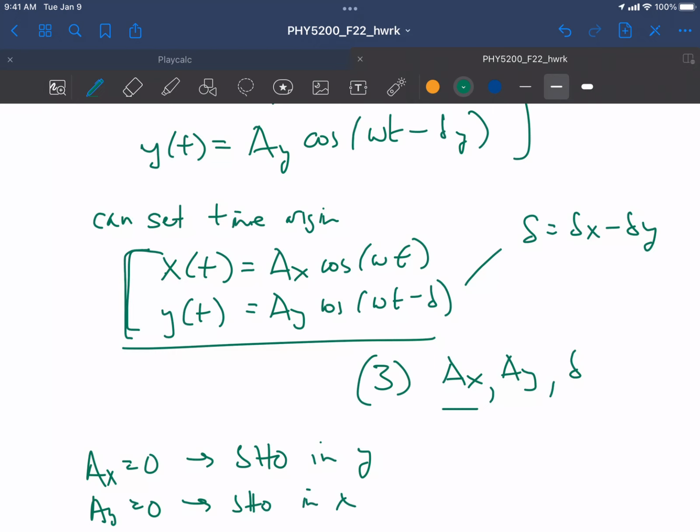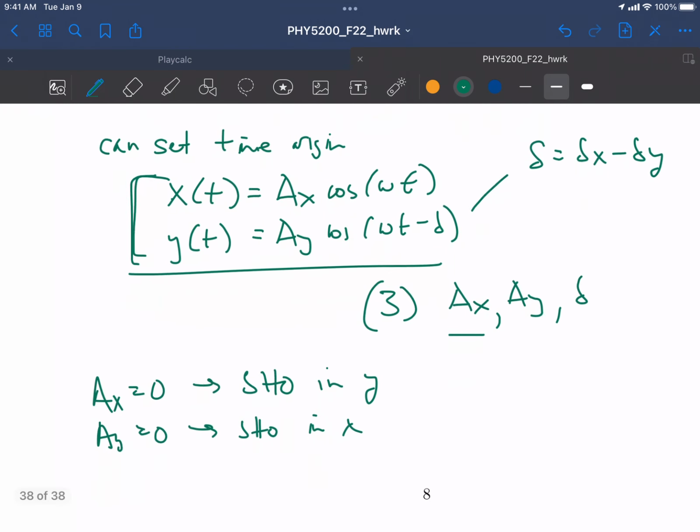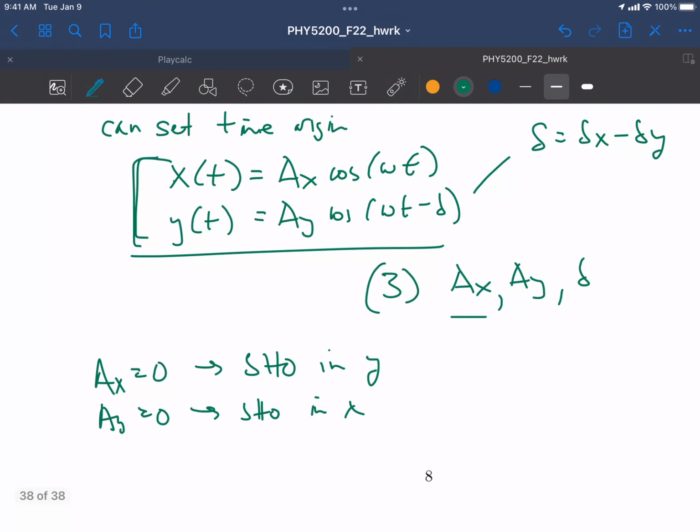The x of t and y of t are the x and y positions of the mass. That is the answer. So in the first case, if ax is equal to 0 in my spring example, then that's harmonic oscillation in the y direction only. And if ay was equal to 0, then it's harmonic oscillation in the x direction.